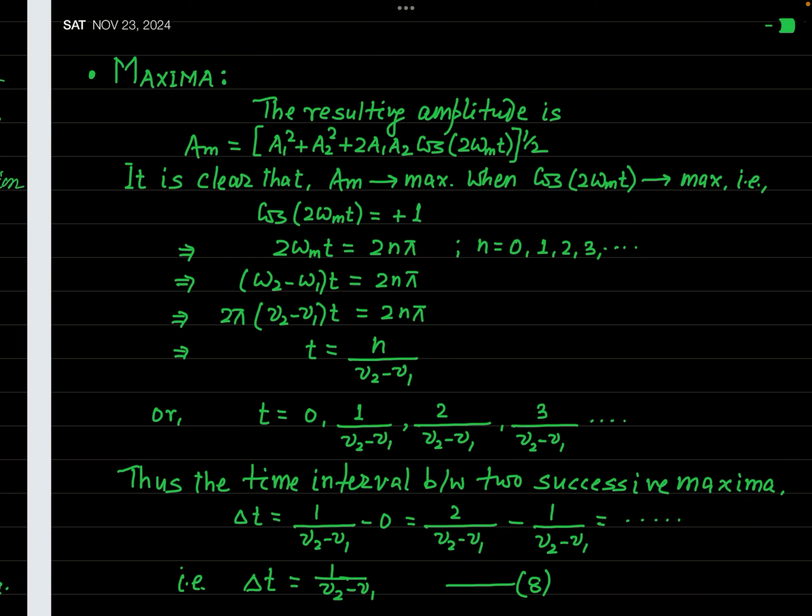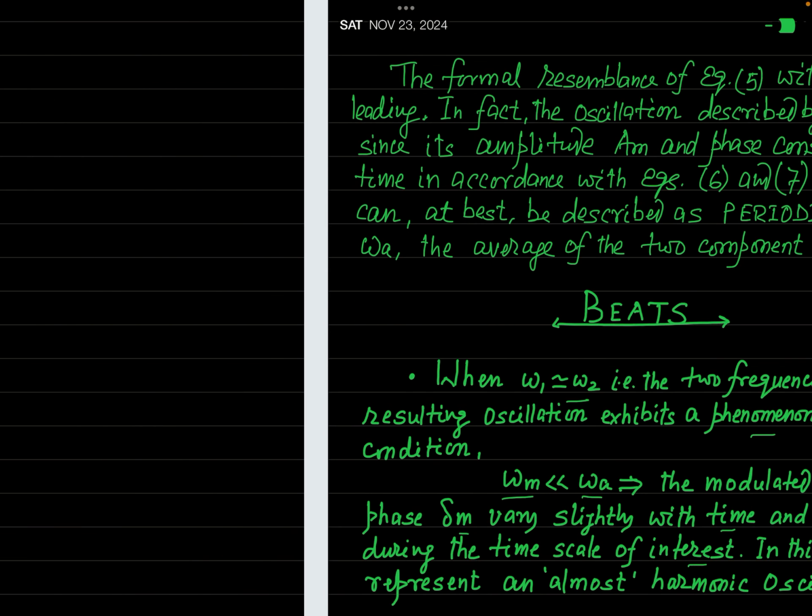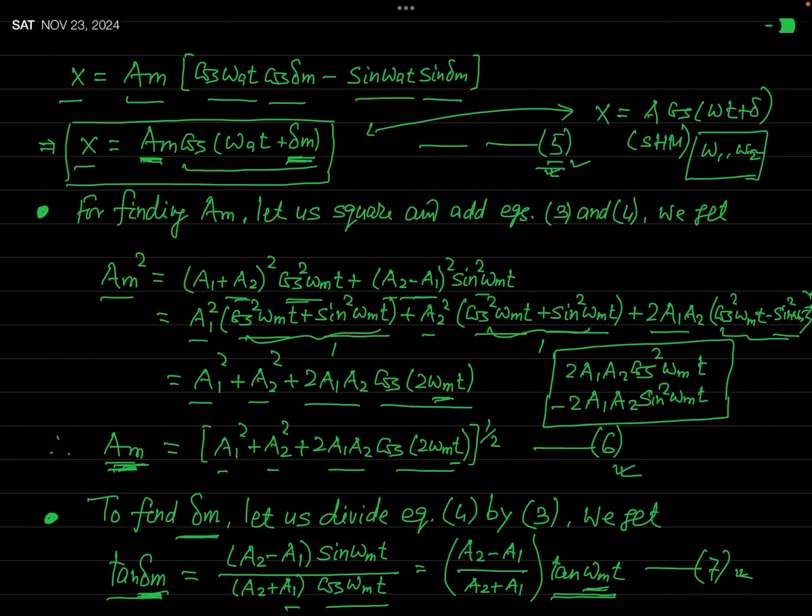Now, you can see that the amplitude AM, which has been defined in equation 6, actually varies with time t. In an actual problem, this varies with time t. So how will it vary with time t? Let us see.